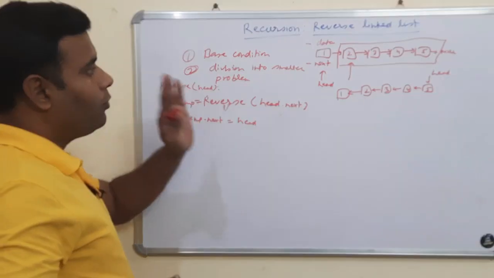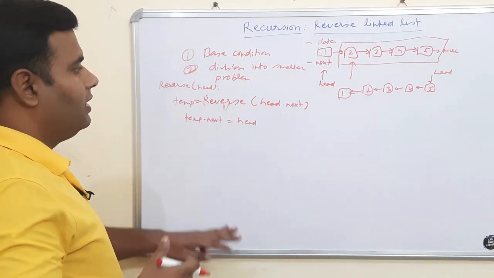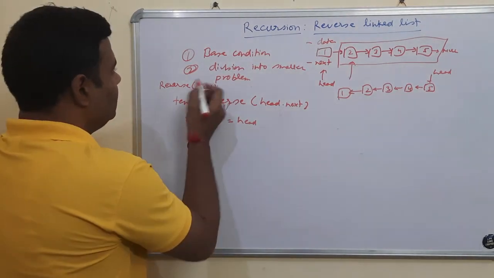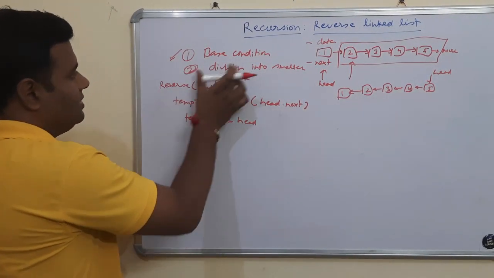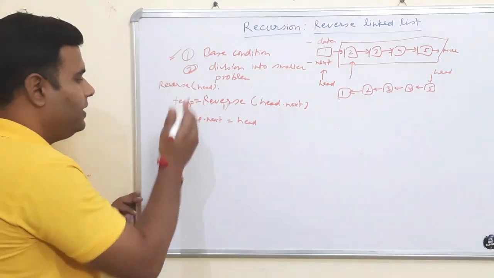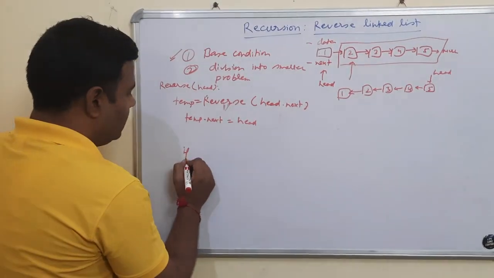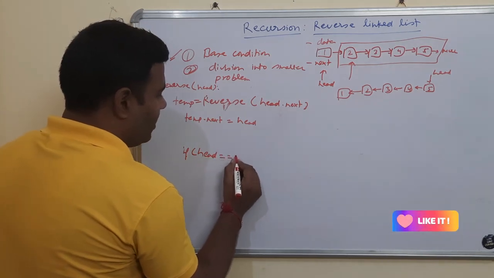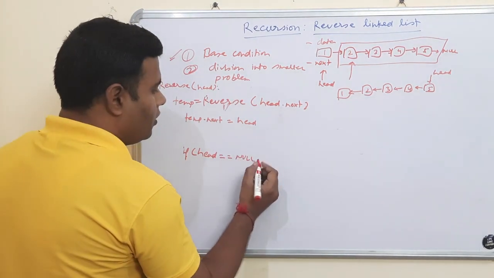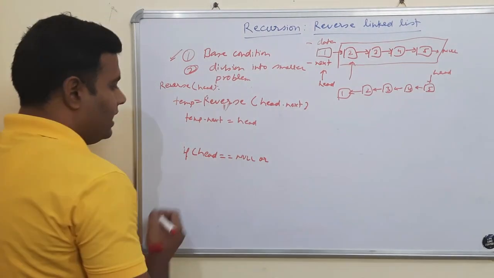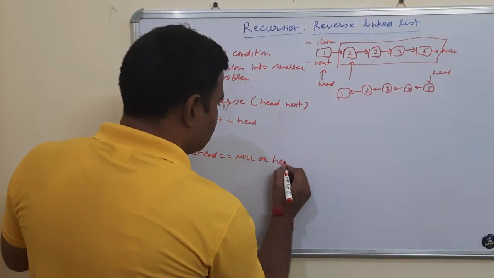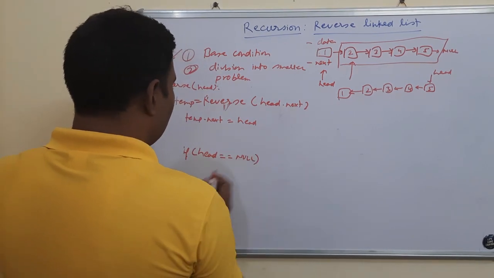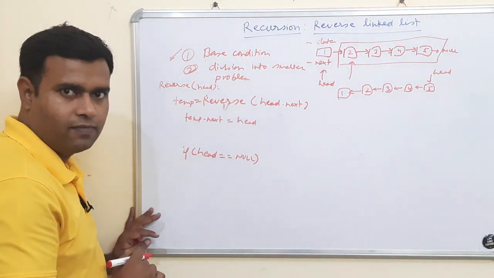But till what point do you have to go? Now we have to decide about the base condition. This is the division of problems. Now the base condition will be: if head equal to null or head dot next equal to null, or let's keep it very simple: if head equal to null, just return that.